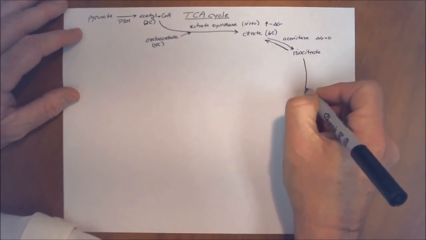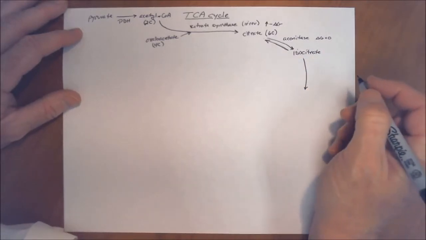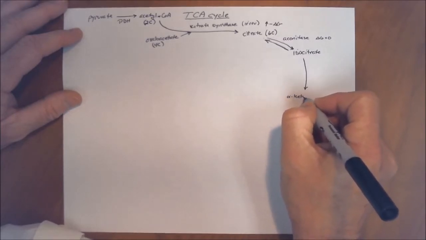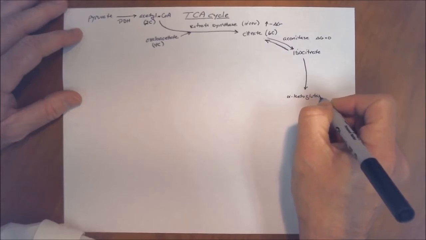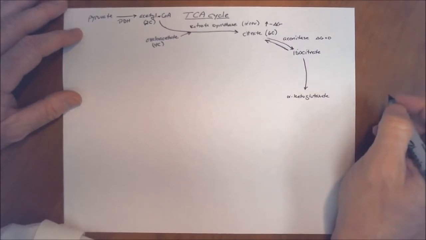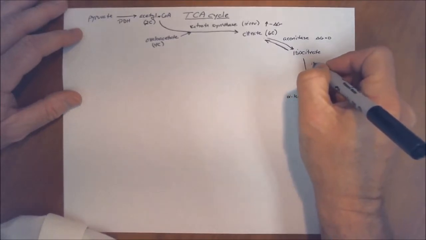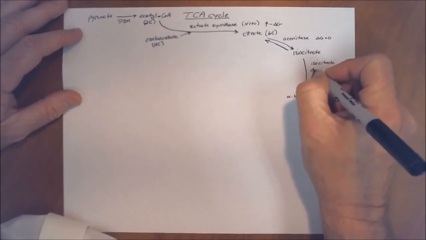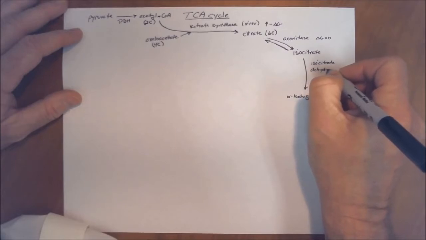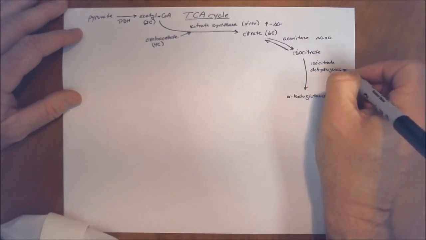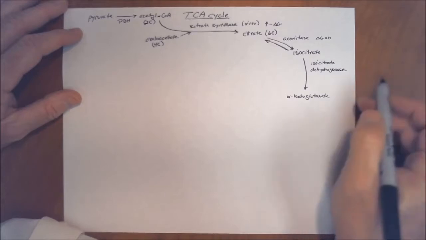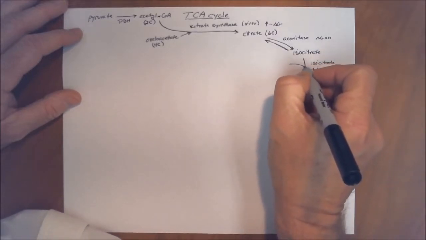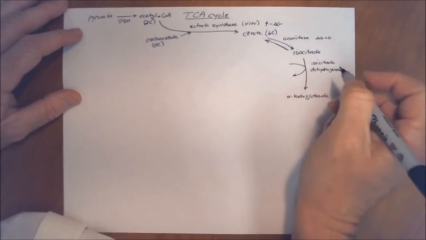The next reaction we're going to talk about is the conversion of isocitrate into alpha-ketoglutarate. The enzyme that performs this reaction is isocitrate dehydrogenase. Now, being a dehydrogenase enzyme, this is going to be a redox reaction.